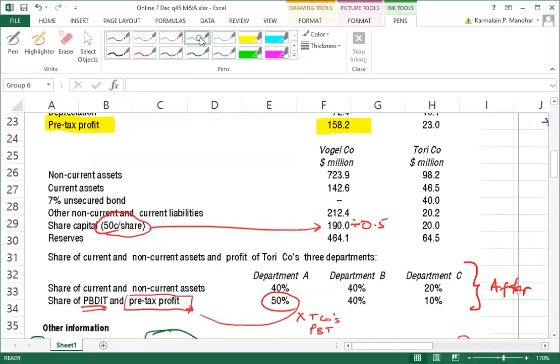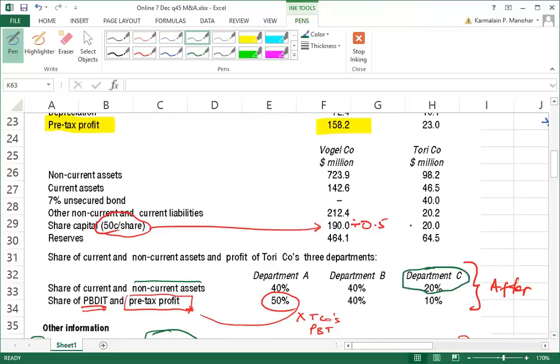So the share of non-current assets here, we're looking for C, and we have it firstly as 20%. Right, so non-current assets is which line? Could somebody tell me non-current assets? Are we going to multiply by this 20%? That's right, 98.2, this line here. Good.